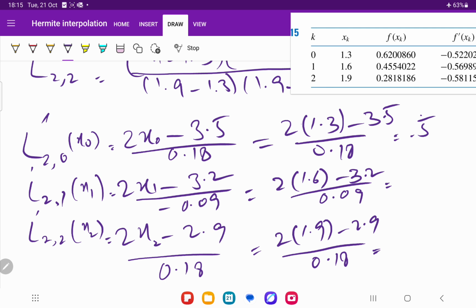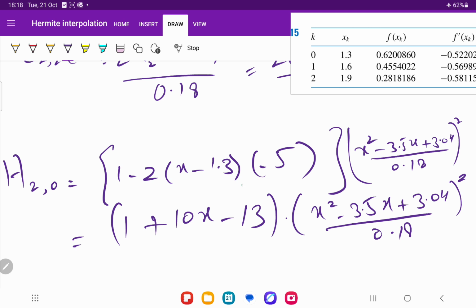So you must get some values here. The second one is 0, the third one 5. Okay, so we could just check that.